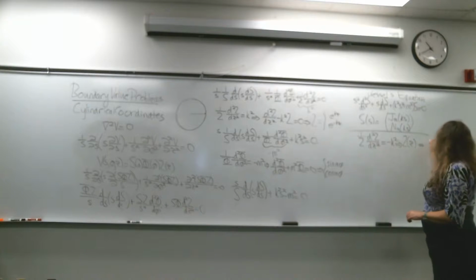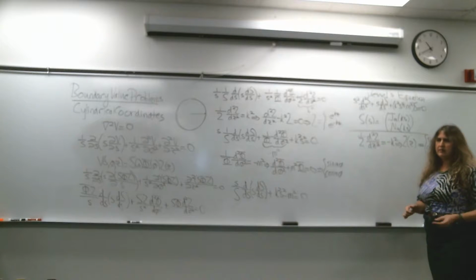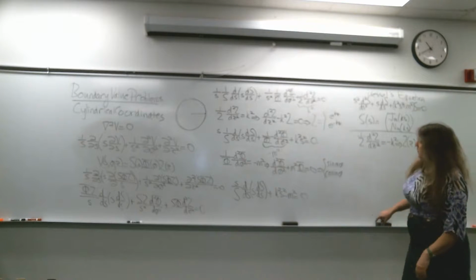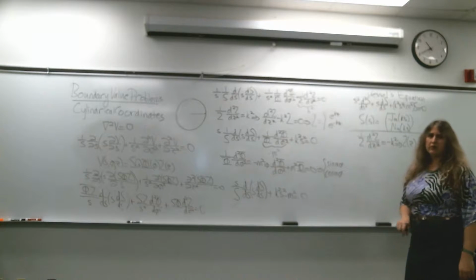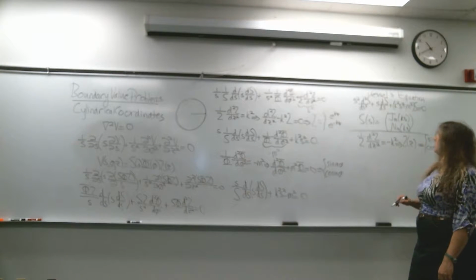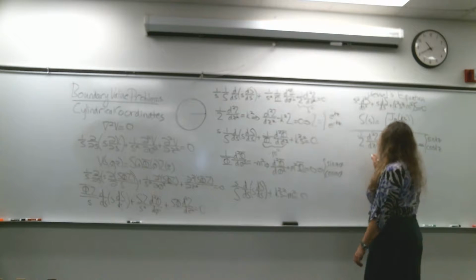Z then is going to be some linear combination of sine kz, cosine kz, and the phi equation won't change, but your Bessel's equation will be modified, and hence the name modified Bessel's equation.